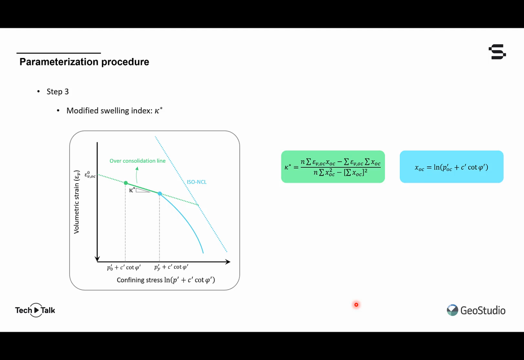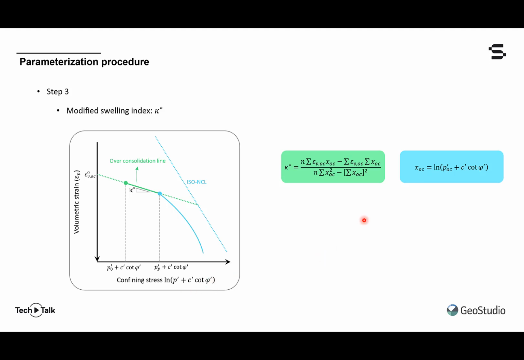You can see here that the formula requires an intercept, which is denoted with the superscript 0, and it is also designated as overconsolidation, and you'll see why in just a moment. So this intercept is located at some value of our confining stress, which includes that cohesive component, that offset.